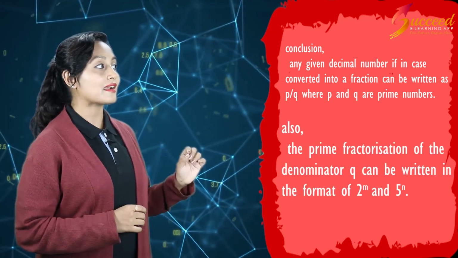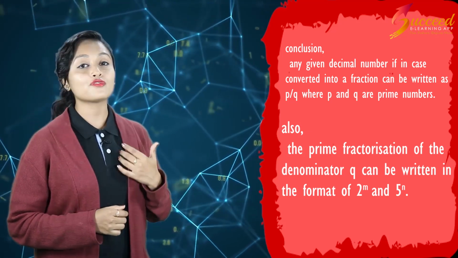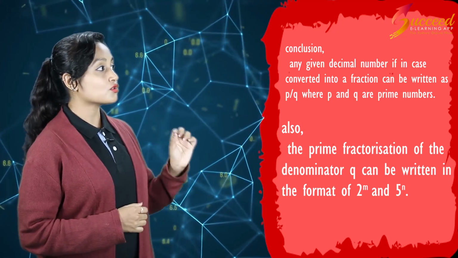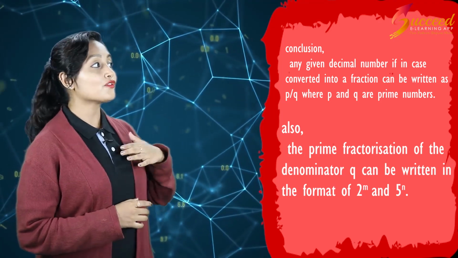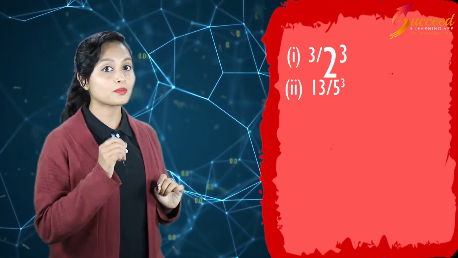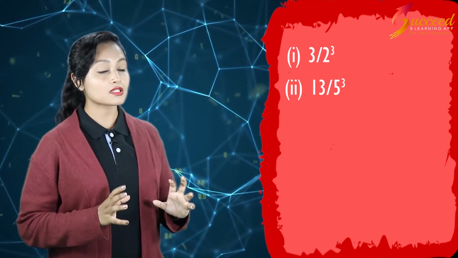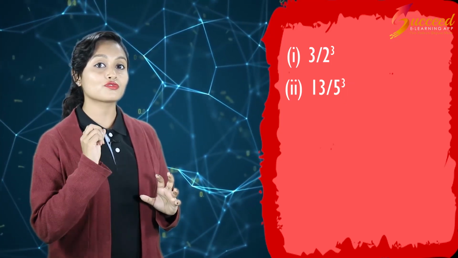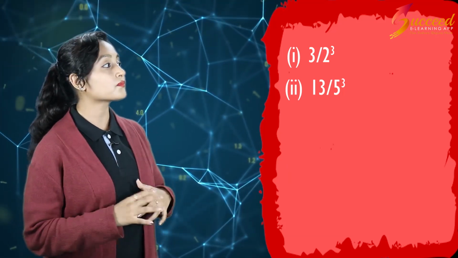Also, the prime factorization of the denominator Q can be written in the format of 2 power m and 5 power n. That is, if you go back to the example, you can see that the denominator had 2 power 3 and 5 power 3. So your denominators will always be the powers of 2 or the powers of 5 or the combination of both.